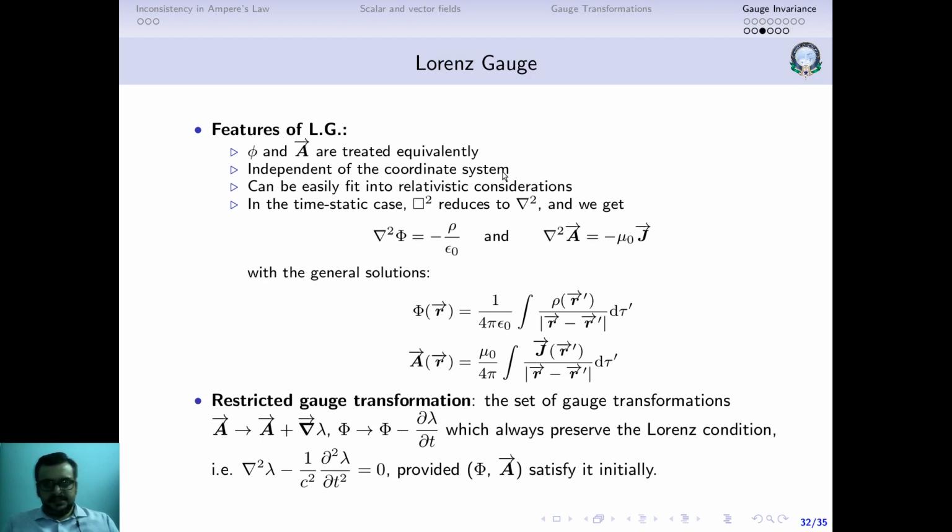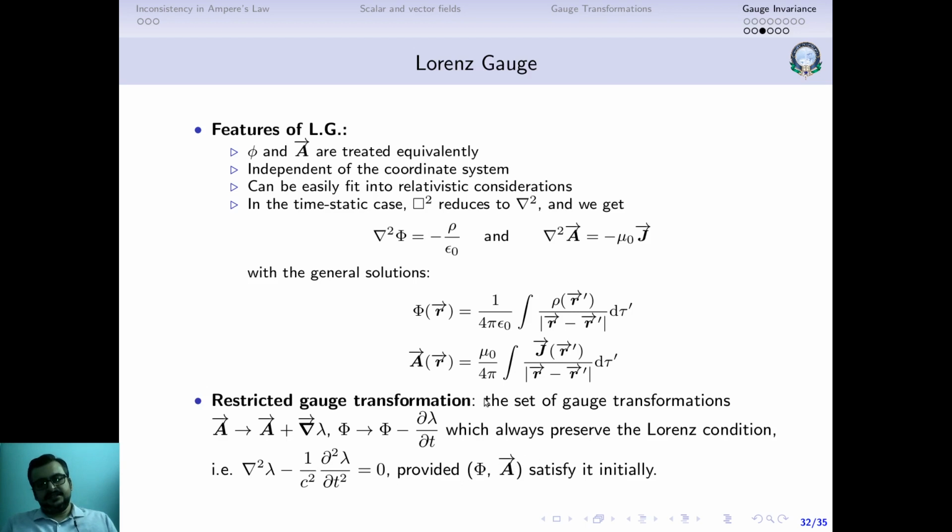There's a special case of the Lorentz gauge which is known as the restricted gauge transformation. Basically we have the set of gauge transformations, that is A going to A plus gradient lambda and phi going to phi minus dou lambda by dou t, such that all gauge transformations always preserve the Lorentz condition, that is this is always equal to 0, provided the original set of potentials satisfy it initially.